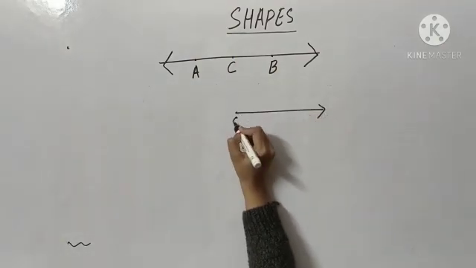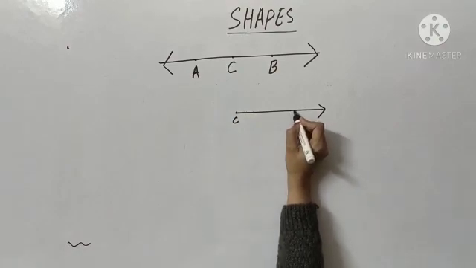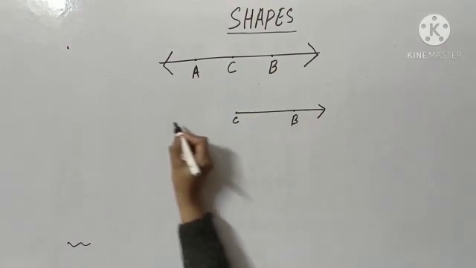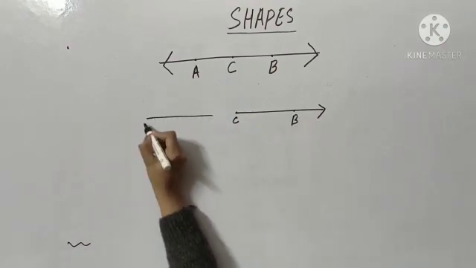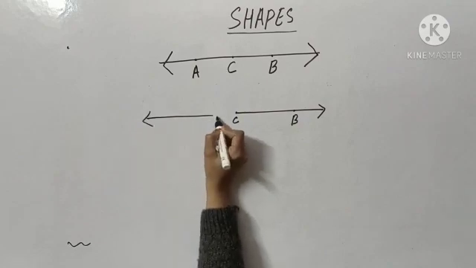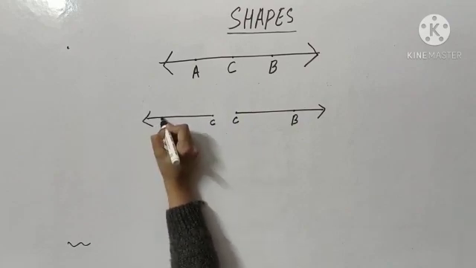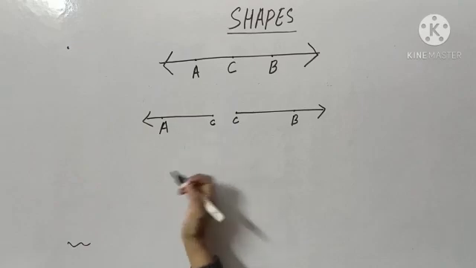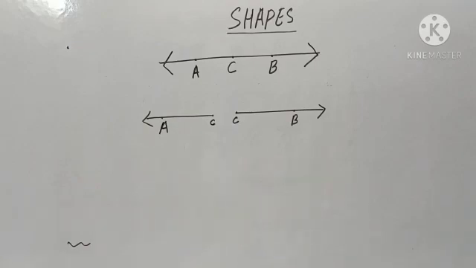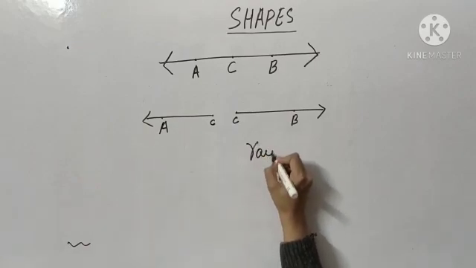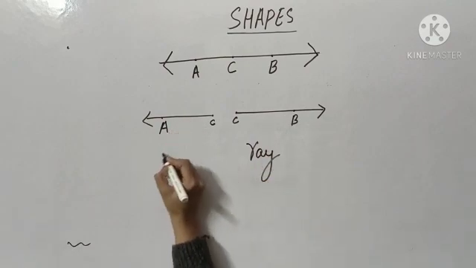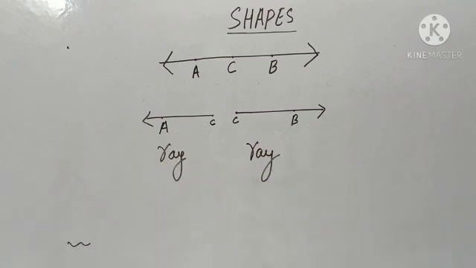This point is C. From the middle itself I have cut. What is this? This is my ray. This is my ray, and this is also my ray.